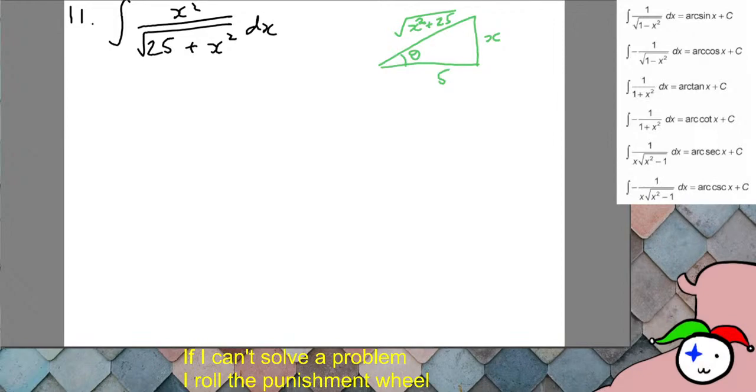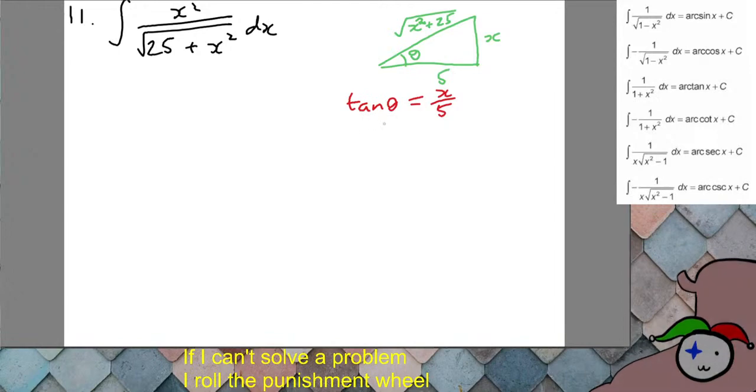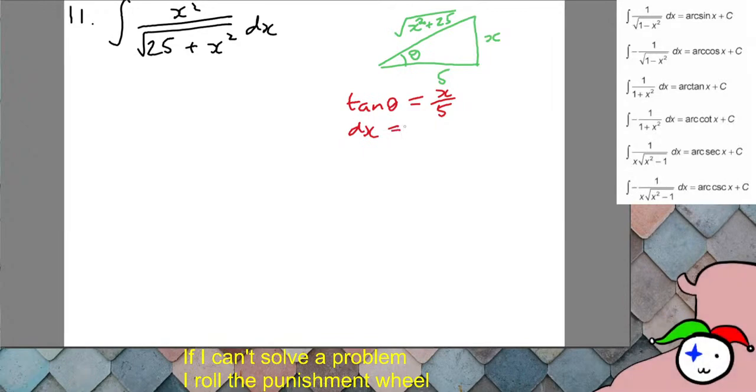So what we can say is that, oh, do I want a different color? Yeah, sure, I'll change it already. So tan theta in this case will be x over 5, right? And we would have dx equal to 5 secant square theta d theta.